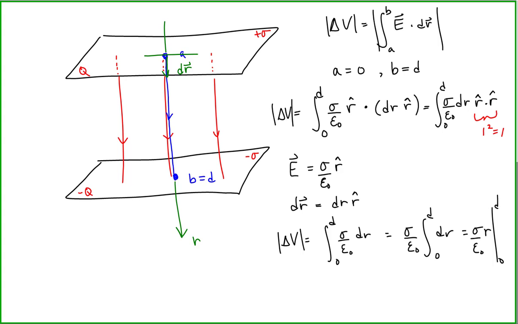And finally, we have the magnitude of the potential difference is equal to sigma over epsilon naught times d minus 0, which is just sigma over epsilon naught d. Well, that's great. We have now found an expression for the magnitude of the potential difference between the two plates of our capacitor. It's equal to sigma d over epsilon naught.